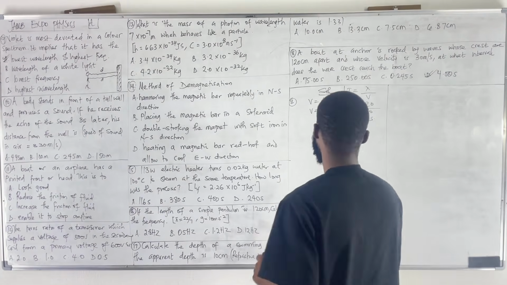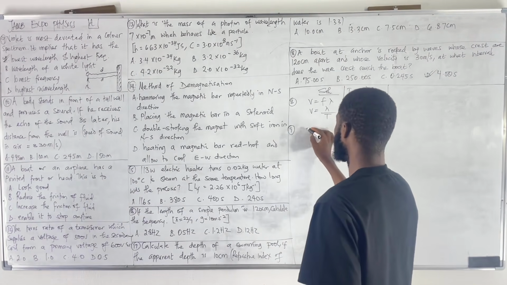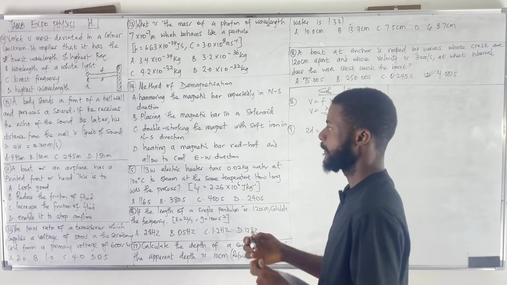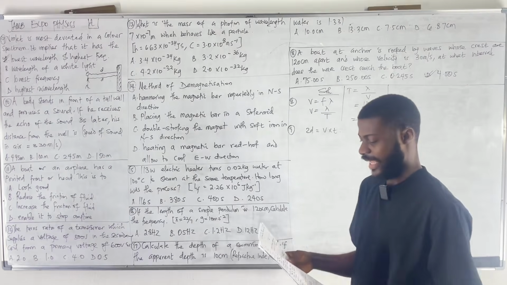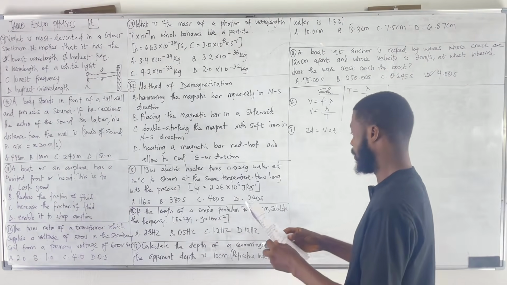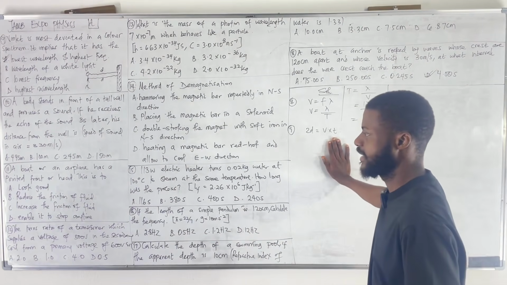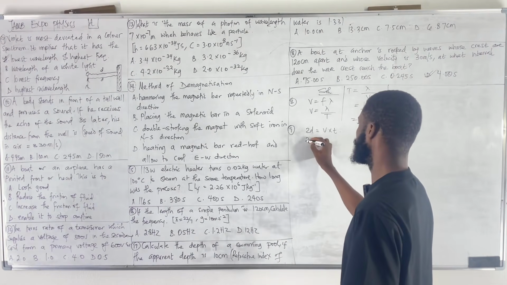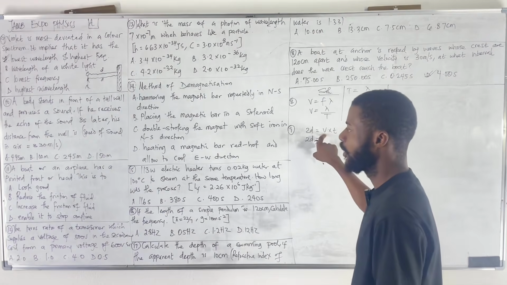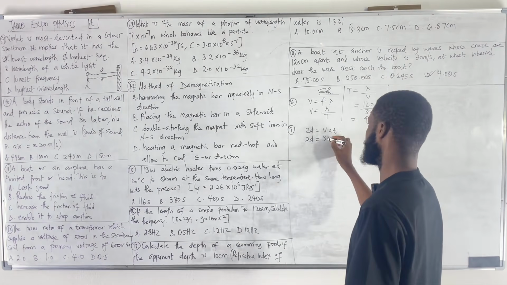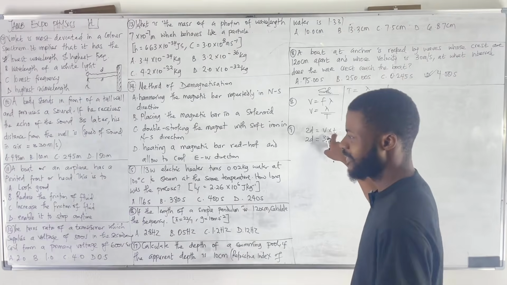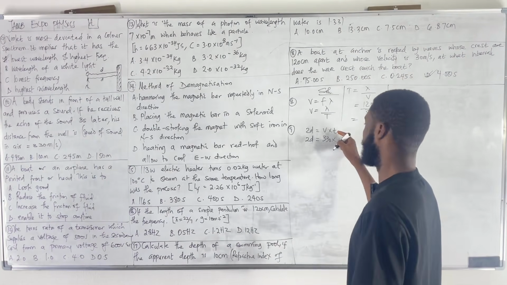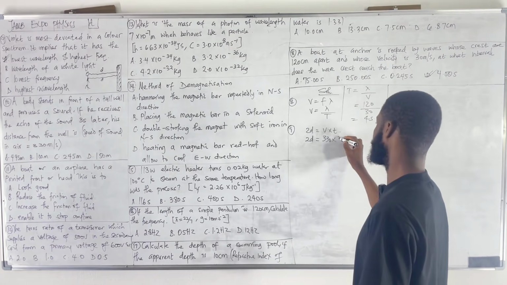Now for number 9, this means 2D is equal to V times T. We're looking for distance, so 2D equals velocity, 330, times the time, T, which is 3 seconds.